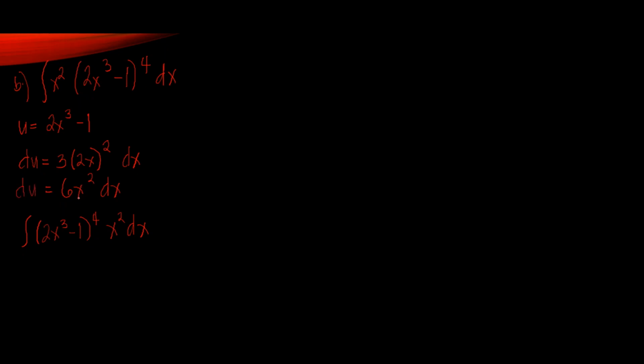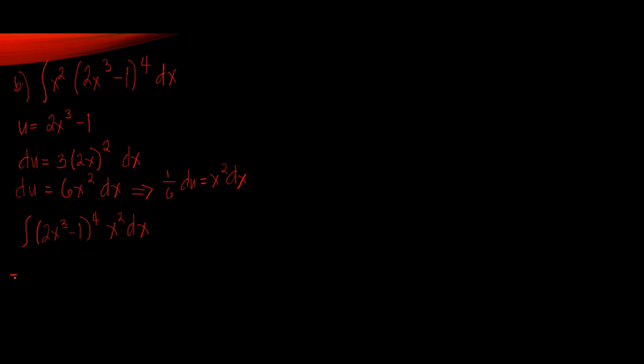Okay, so divide natin both sides by 6 so that meron tayong equivalent value ng x squared dx natin in terms of variable u. So this will be equal to 1 over 6 du equals x squared dx. So pwede natin siyang gamitin to substitute dito mamaya.